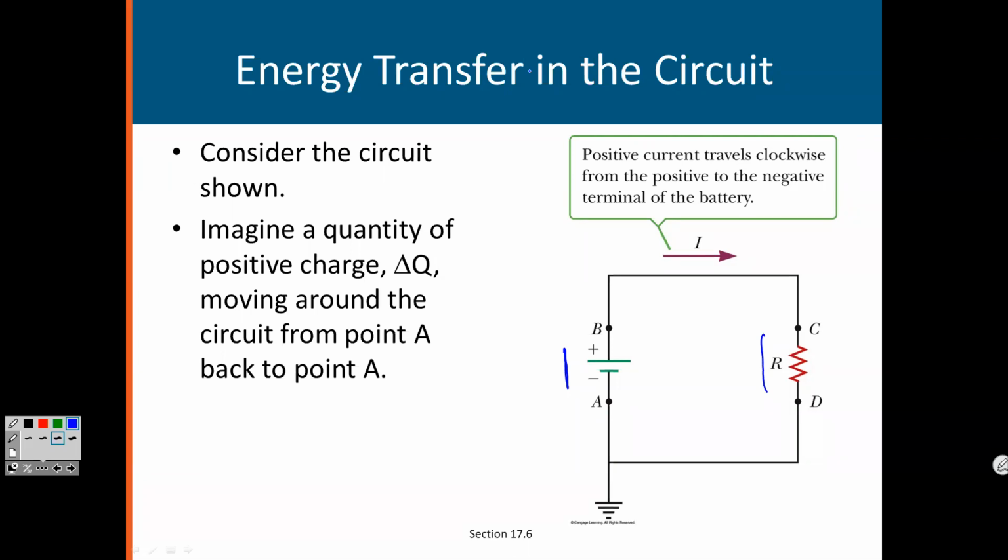To explain this, the battery has the negative terminal here and the positive terminal here, say 9 volt. I'm going to put some points A and B, and I'm going to ground this point A, which is connected to the negative terminal of the battery.